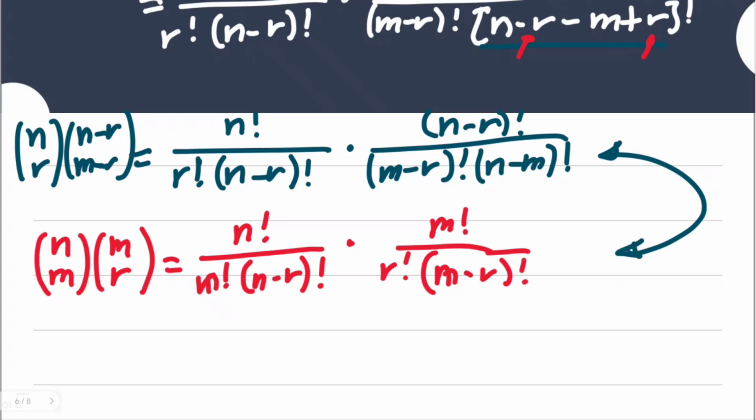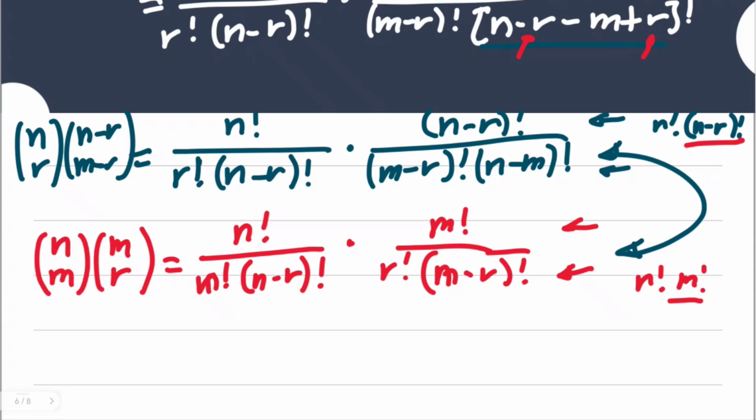But when you look into this form, even if you multiply numerators and denominators, you would see them differently, because the numerator of the blue one is n factorial times n minus r, but for the red one, that's n factorial times m factorial. Generally, they are not the same, right? Because you have here n minus r and m.